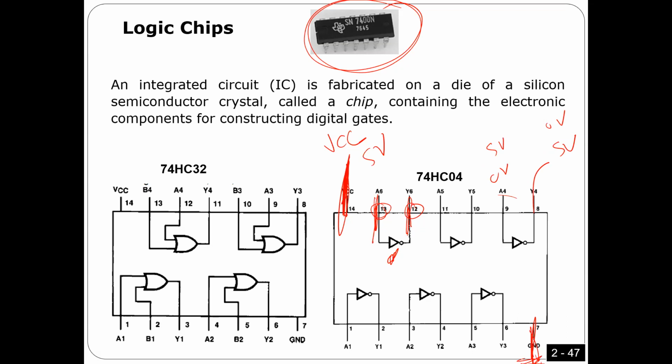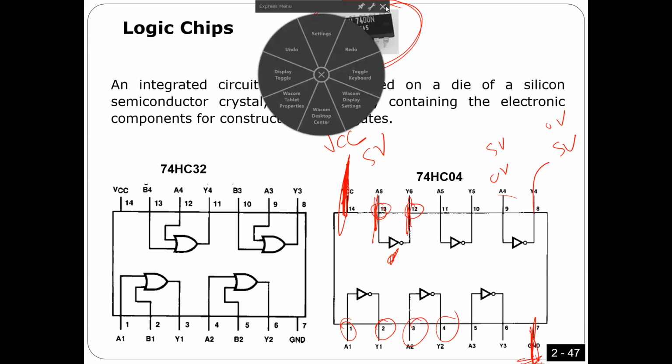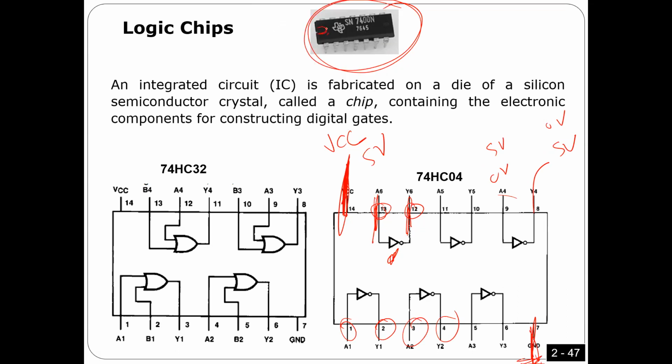Is that okay? So now the question is, how can I know the pins? Here this is pin number 1, pin number 2, pin number 3, pin number 4. How can I locate the pins? Very simple. Sometimes you can see something here, like a dimple or something like that. Sometimes for the chip they put a dot this way, sometimes they make a notch like that here.